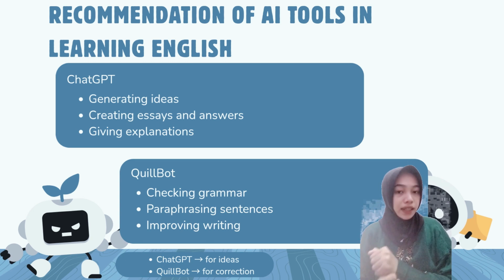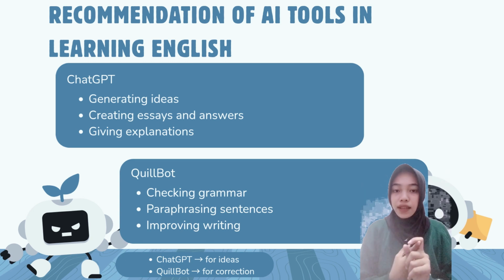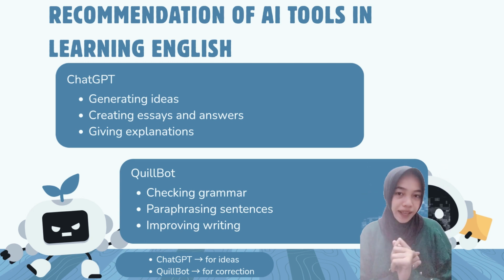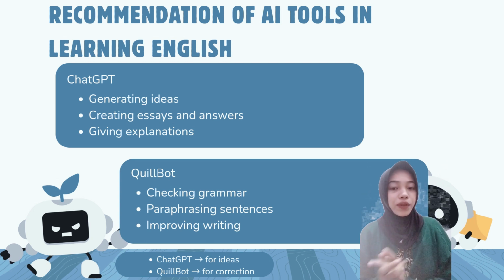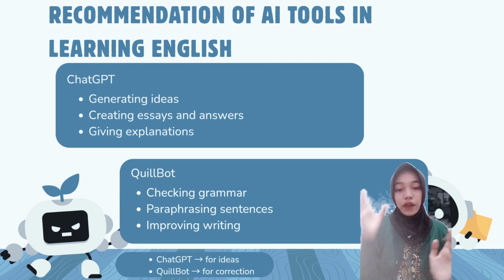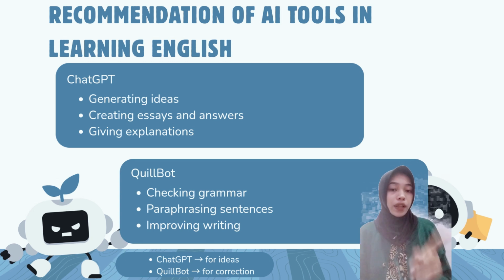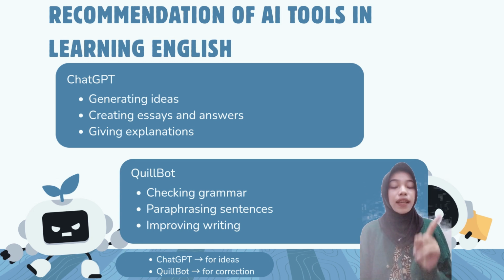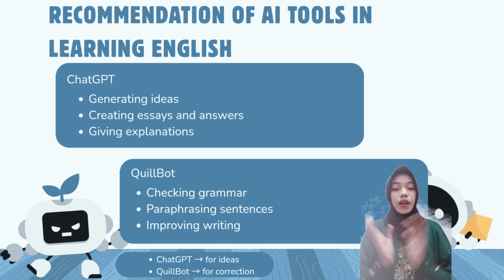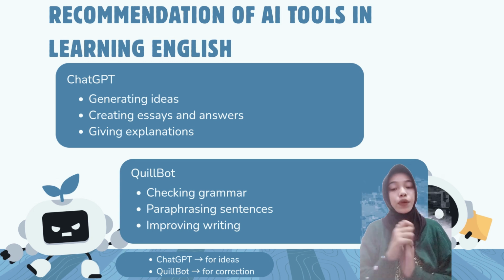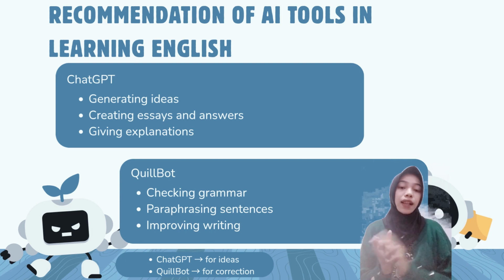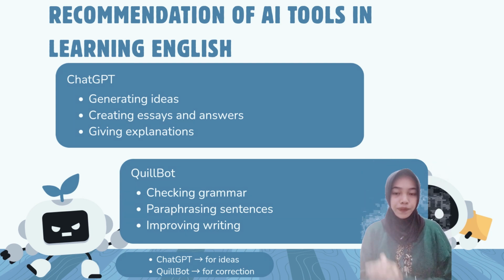It helps students check grammar, paraphrase sentences, and make their writing more natural. So we can conclude that ChatGPT is useful for generating ideas, while Quillbot is useful for correcting and improving writing. Therefore, both tools can be used together to support English learning effectively.